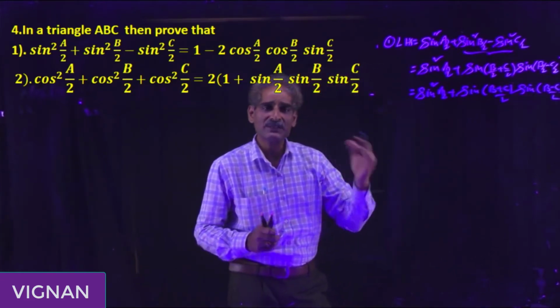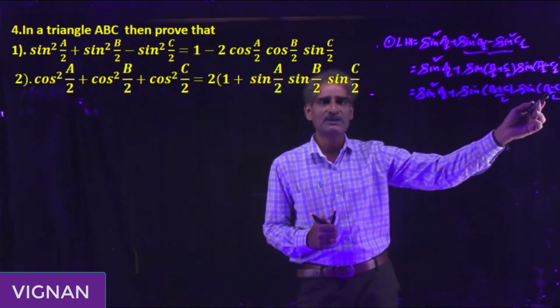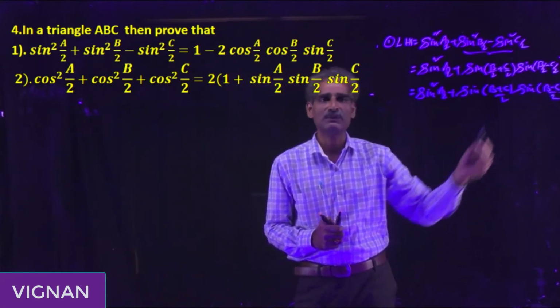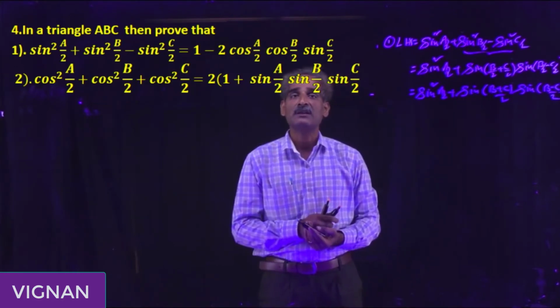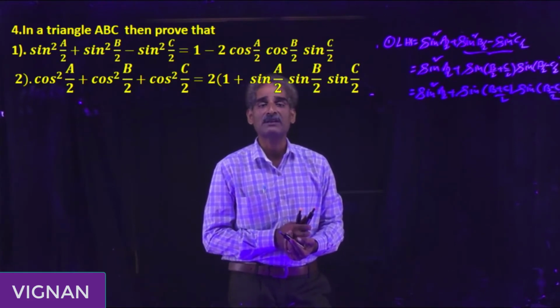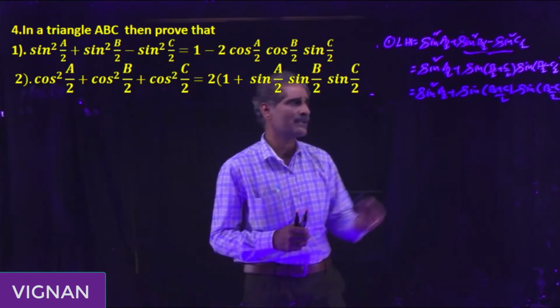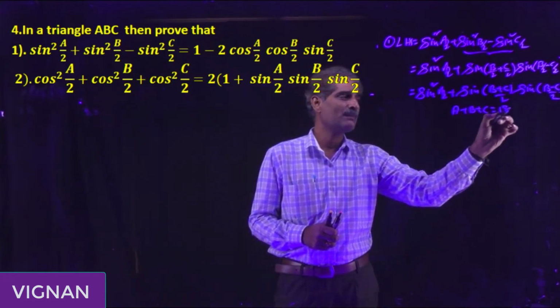We have to express in terms of single angles A by 2, B by 2, C by 2. So here we can't change (B minus C) by 2 because we don't know the B minus C value. We know the B plus C value because the angles form a triangle, that means the sum of the angles is 180. In a triangle ABC, A plus B plus C is equal to 180 degrees or pi.